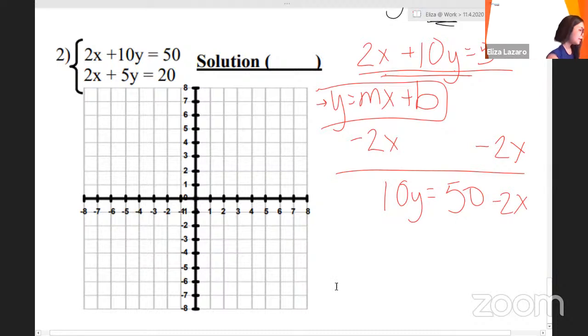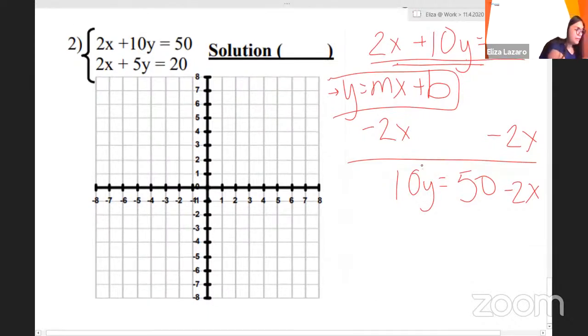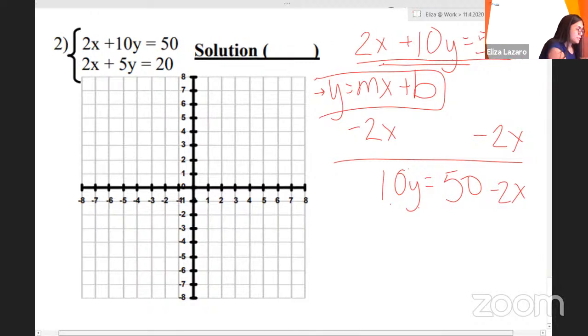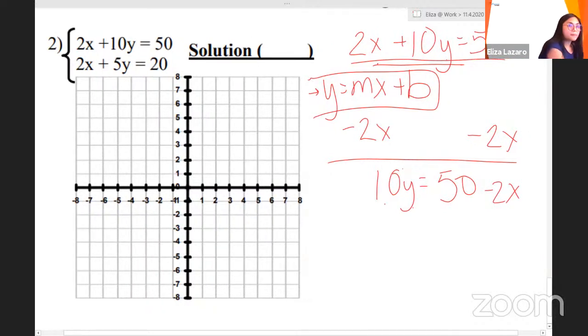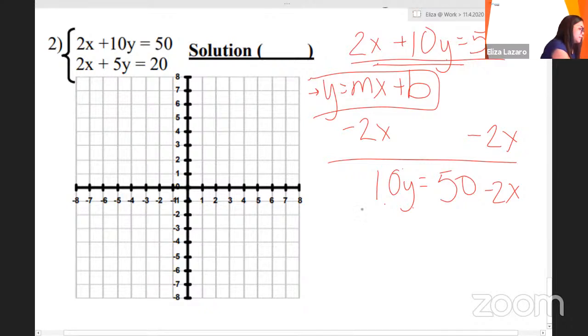And to isolate y, or get y by itself, we're going to want to divide, because 10y, 10 is a coefficient, is really just 10 times y, right? And to undo that multiplication, we're going to divide by 10, get rid of that multiplying by 10.